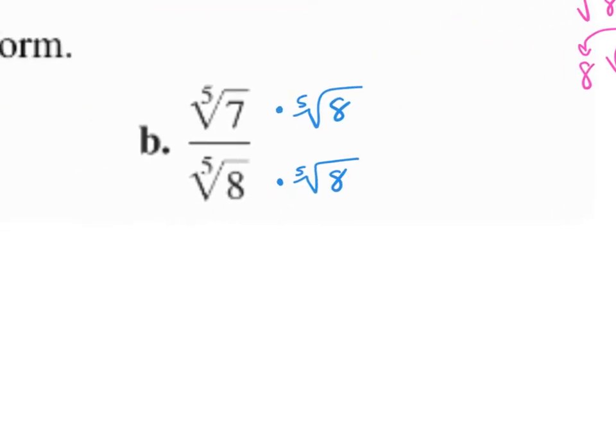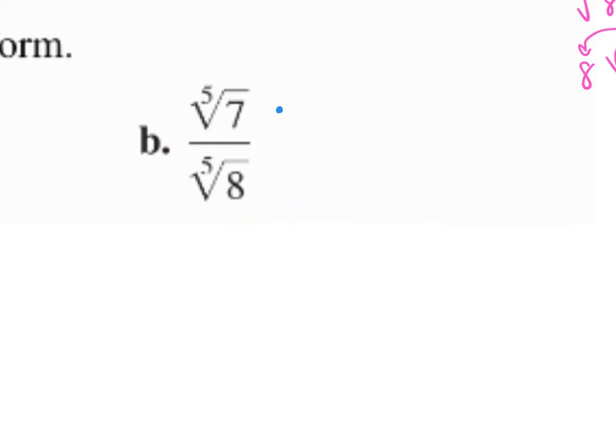So if we multiplied by the 5th root of 8, they don't just cancel each other out. We would have too many numbers underneath our radical that it doesn't come out. So what we need to do is figure out what would make this like a perfect 5th root. What would give us 5 numbers here that we would circle all 5 and take out a whole number.